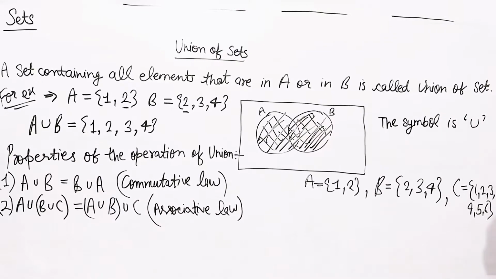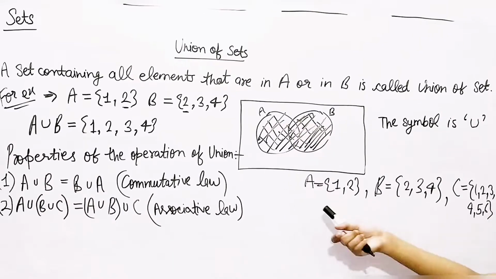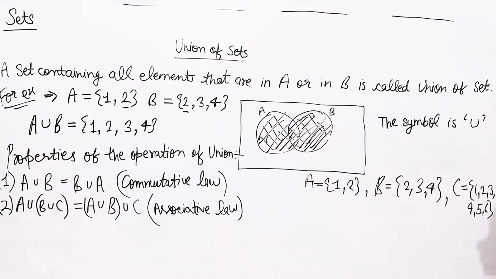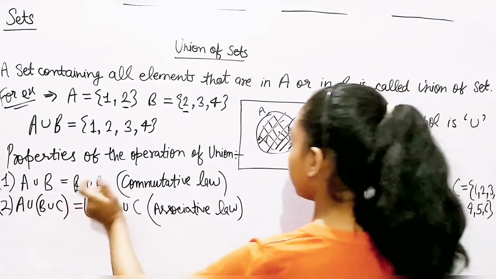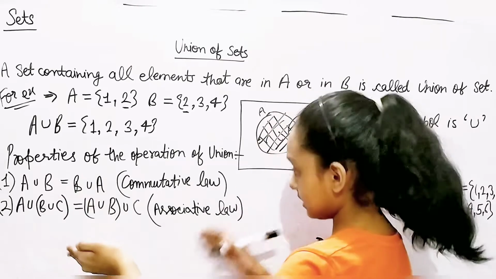So we have 3 sets, set A, set B, and set C, and first we have A union, and then the union of B and C with it.